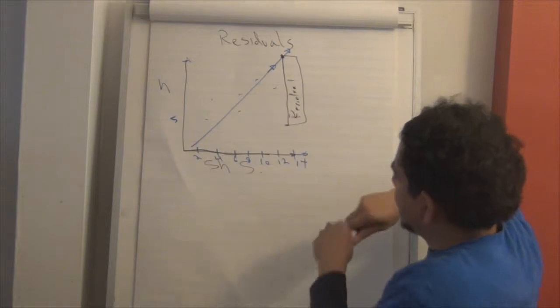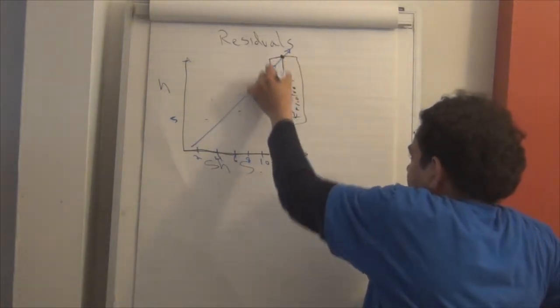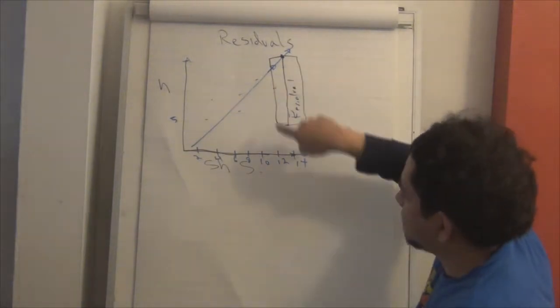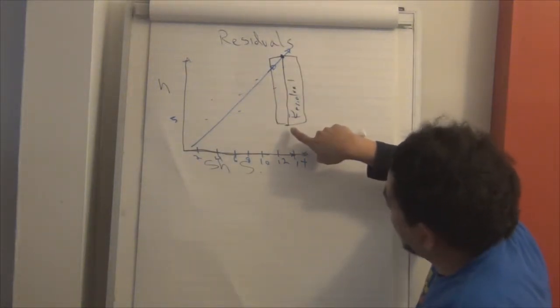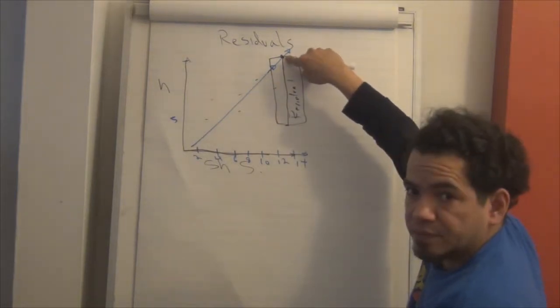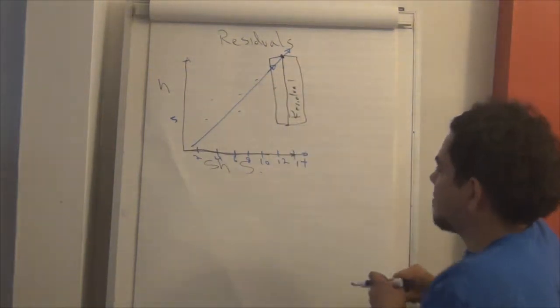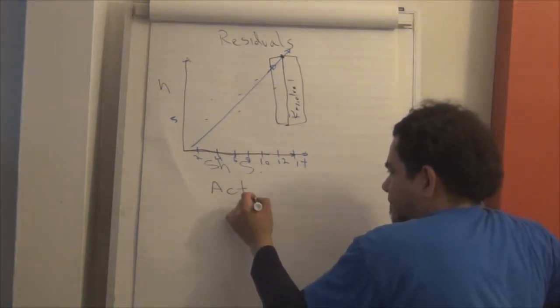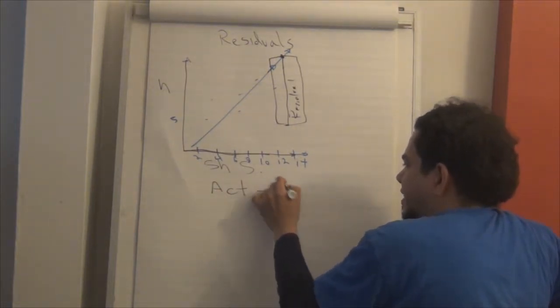A residual is the gap between the actual value and the predicted value. So the residual is nothing more than the actual value minus the predicted value.